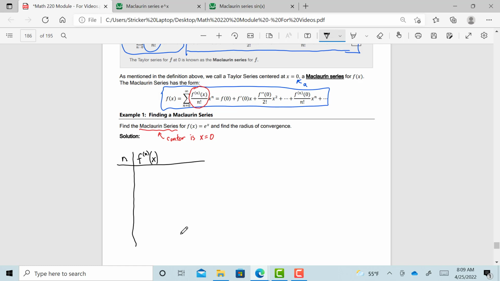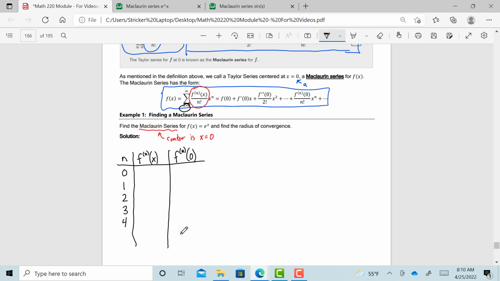And then the third column will evaluate that nth derivative at the center, which in this case, anytime you have a Maclaurin series, the center is 0. And then we start with n equals 0. Our series starts at n equals 0. And let's go 1, 2, how about we do the first 4 here.